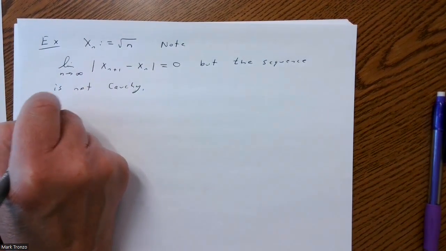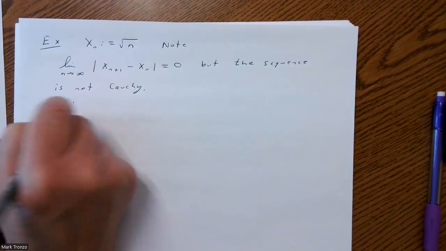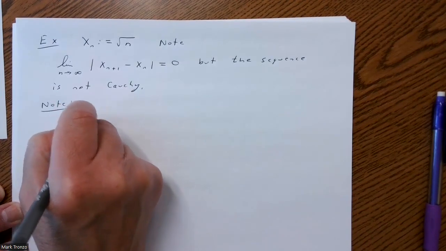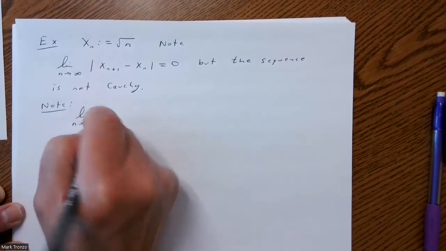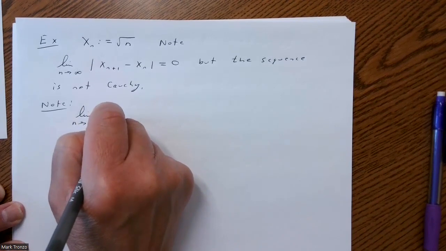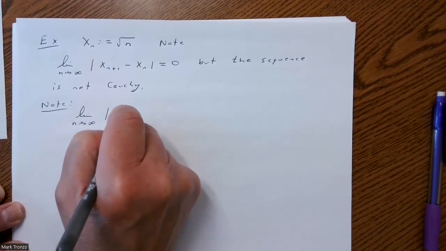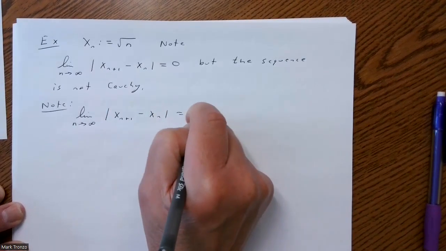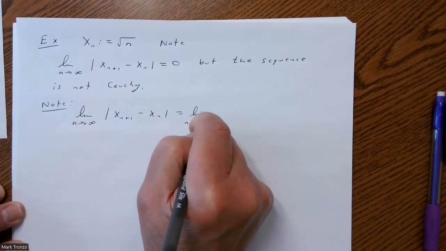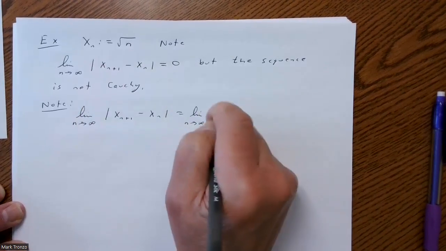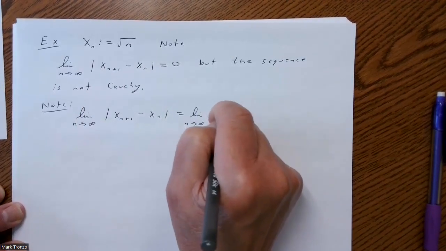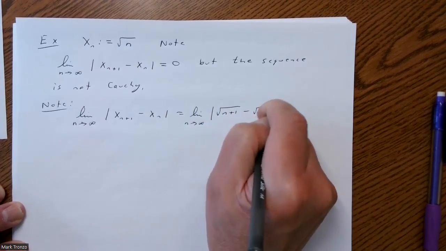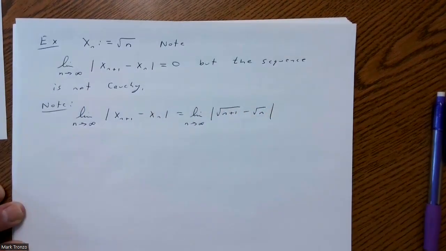It doesn't ask us to do this, but note that if you take the limit as n approaches infinity of x_{n+1} minus x_n, that's going to be like the square root of n plus 1 minus the square root of n.